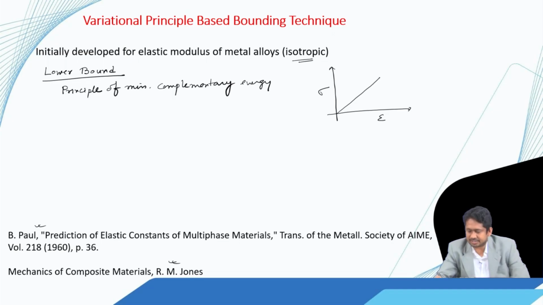We know that in the stress strain curve, if a typical stress strain curve looks like this, then we know that the area occupied by this curve and the strain axis denotes the strain energy, and the other side of the area, which means this area, is complementary strain energy.